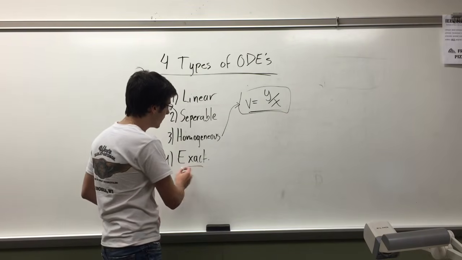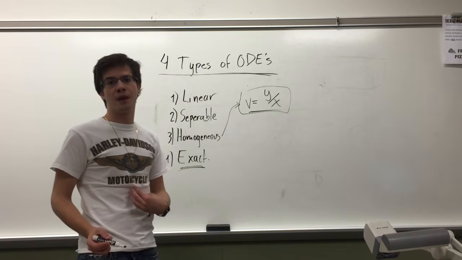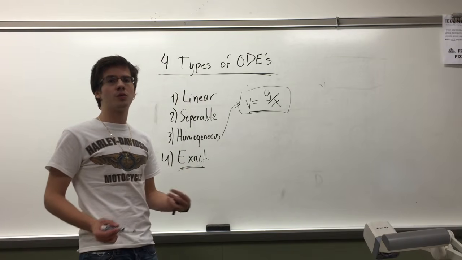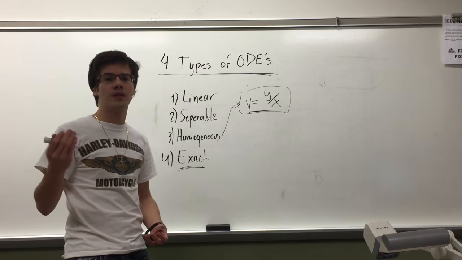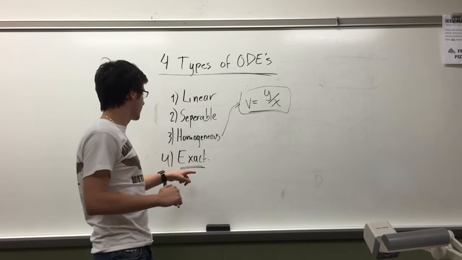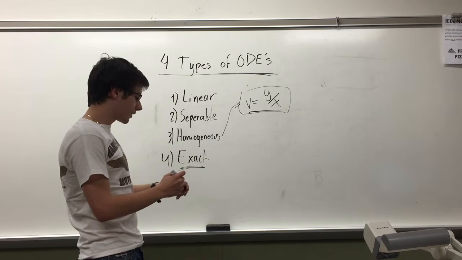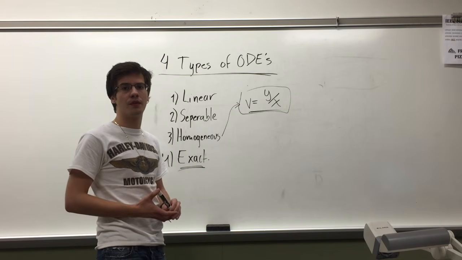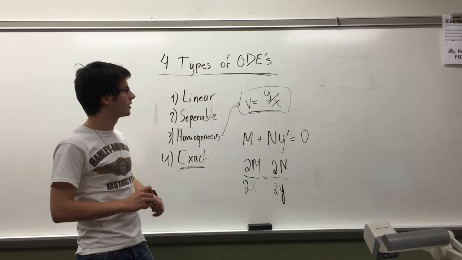The last one is exact equations, and this one is particularly my favorite one because there's a test that we could use from previous calculus classes to test if the differential equation is exact. So there's a test involving partial derivatives. The test for exact ODEs is the following.